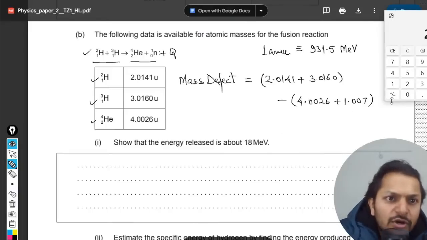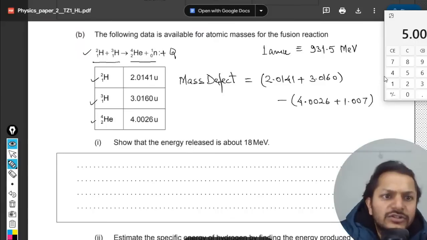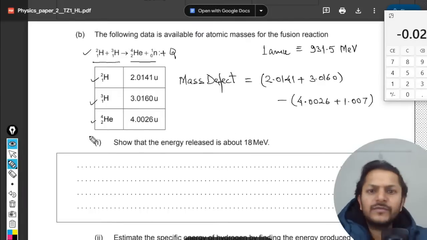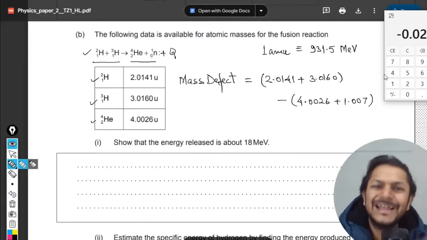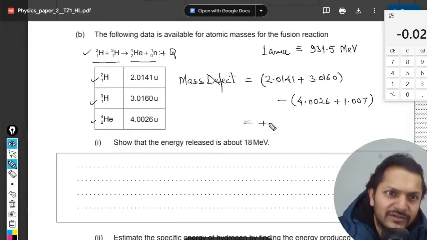Okay, so let us see what is the mass. It is coming out to be 5.00 this. So definitely this is more. So subtracting, I'm doing the calculation the other way, so don't be confused. My answer in the calculator is negative because I did it the other way, but we are getting the positive answer here.